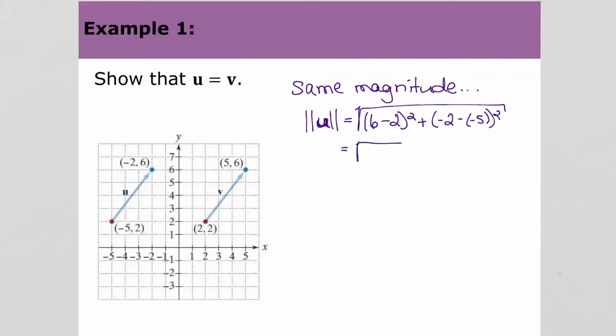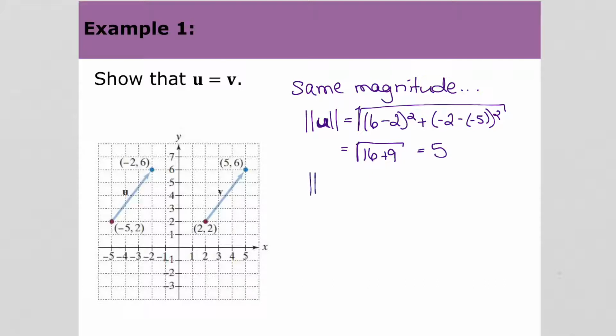So that would give us the square root of 16 plus 9. 6 minus 2 is 4. 4 squared is 16. And then negative 2 plus 5 is 3. 3 squared is 9. That gives us the square root of 25, which is 5.